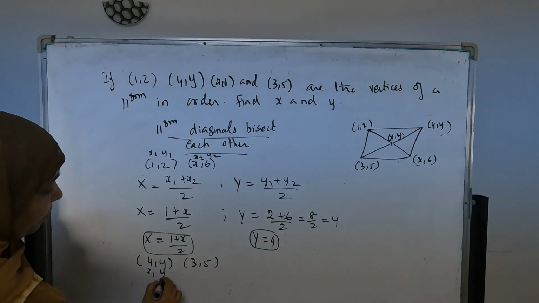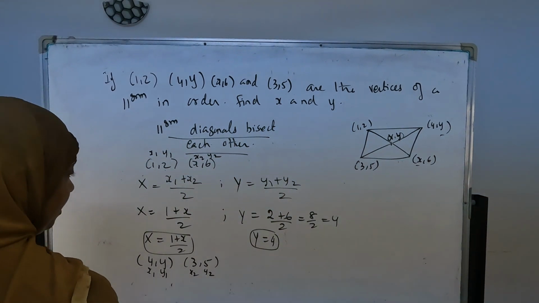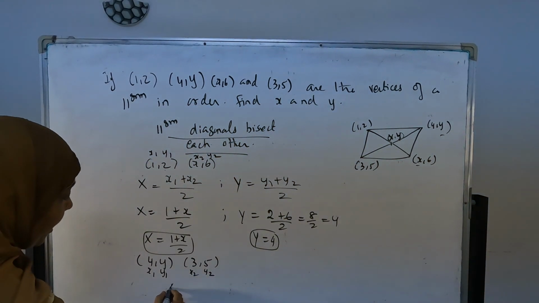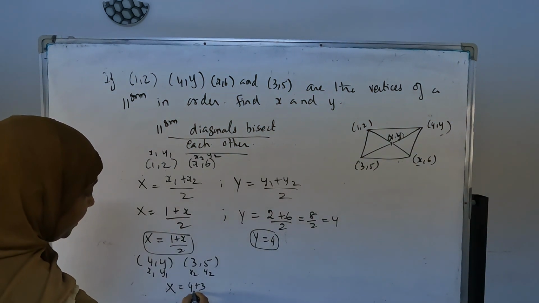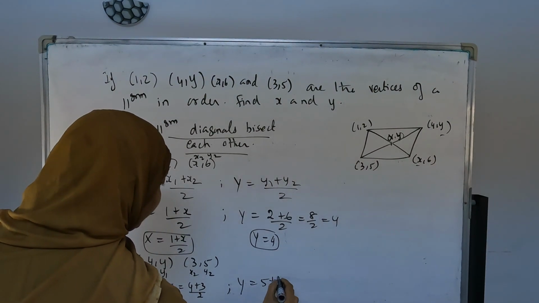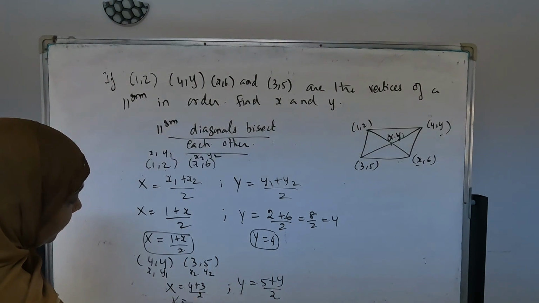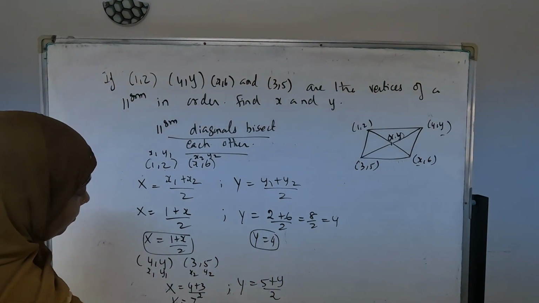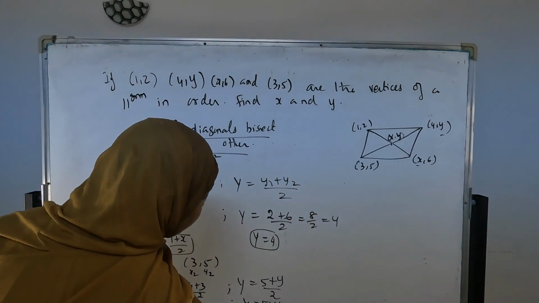Again the same midpoint formula only. Capital X I am using is 4 plus 3 by 2, and Y is 5 plus y by 2. This is 7 by 2, and this is 5 plus y by 2.